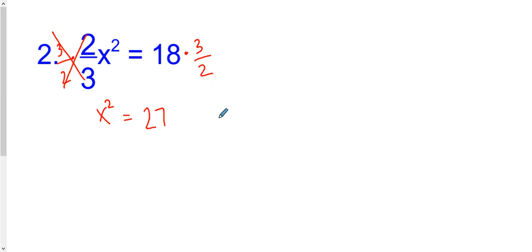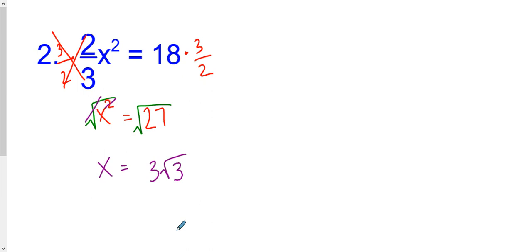I did isolate x squared. So now I can take the square root of both sides. Again, whenever I square root a square, those cancel. I'm left with just x. And then the square root of 27, if you all will pause and type that in your calculator that you have in class with you, your Casio calculators do simplify radicals for you. So if you type in the square root of 27, you're going to get 3 square root 3 back.